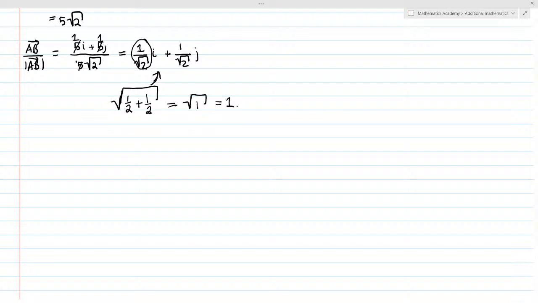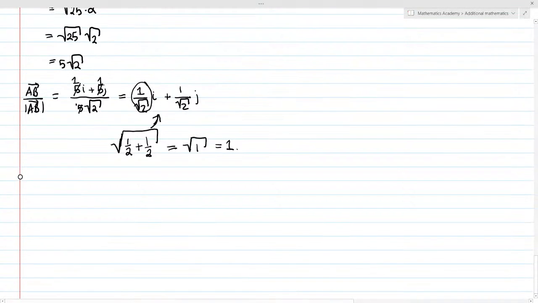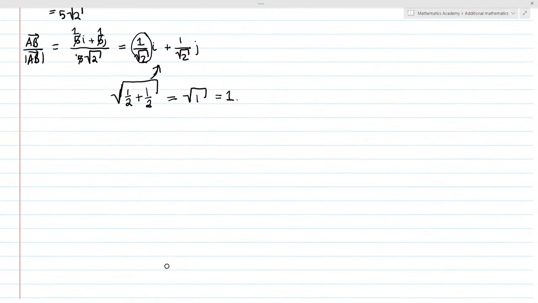Let's look at points of intersection. Let's look at lines. Let's look at lines as vectors. This will be the last thing that we'll go over in this tutorial. If we think about lines as vectors, well, let's think about lines not as vectors first.